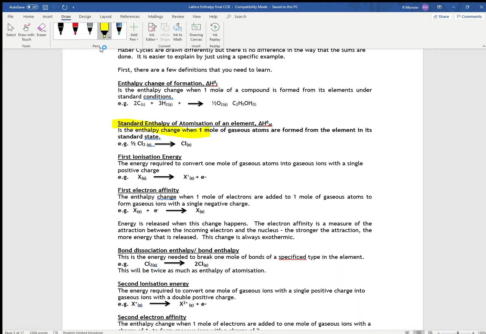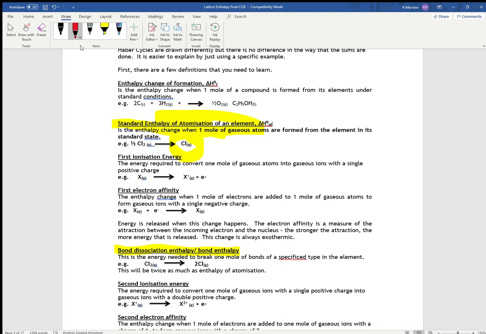The standard enthalpy of atomization is one which is new this year. We talked this morning about the fact that the standard enthalpy of atomization is the energy change whenever you make 1 mole of gaseous atoms. What we did this morning was compare that and look at the pitfalls when comparing it to the bond dissociation enthalpy.